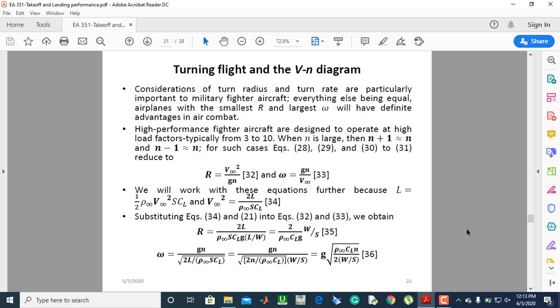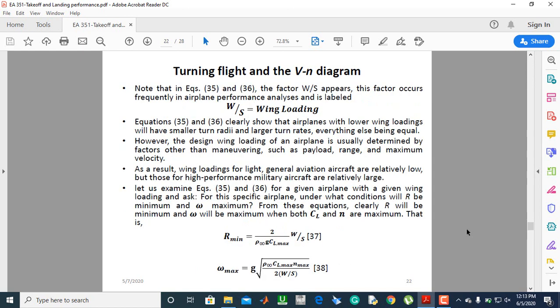So from equation 35, you can notice that W over S is a design parameter, which is called the wing loading. And if you do the same for the turn rate, you can simplify it and get this expression. The numerator under the square root is W over S, which is the wing loading. And this gives you equation 36.